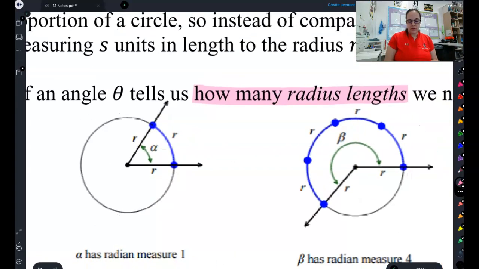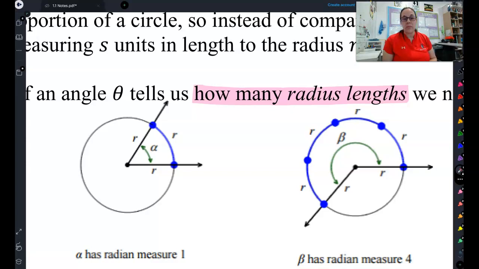If I look at these two examples, here's the radius of the circle. If I go around 1 radius, that's what I would call 1 radian around the circle. If I wanted to go 4 radians around the circle, then I would do 1, 2, 3, 4 radius lengths. And this goes for no matter what size the circle is.